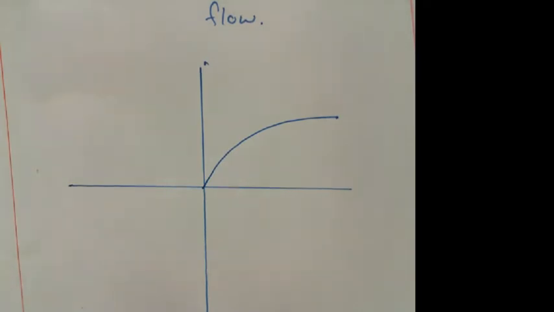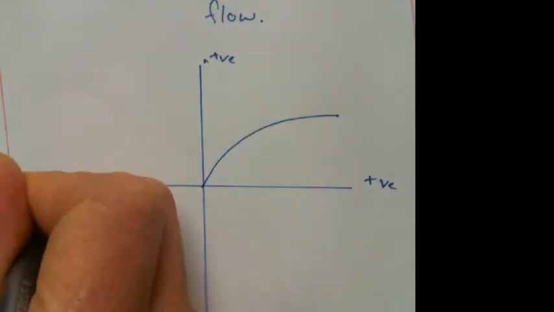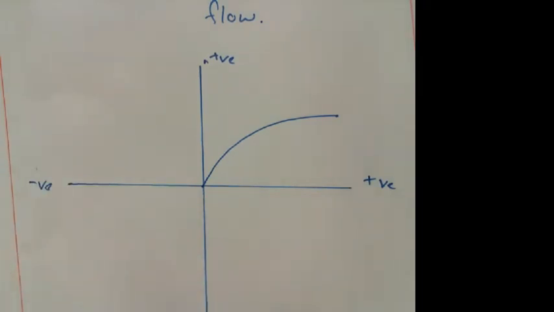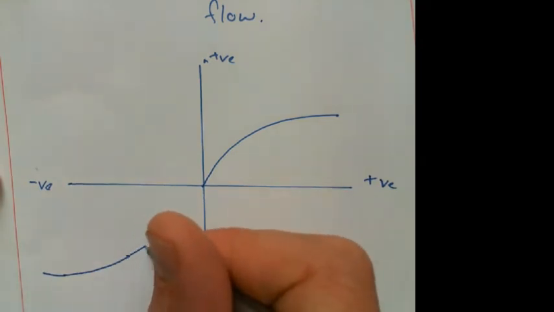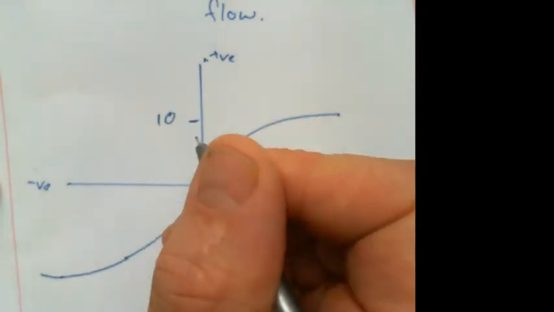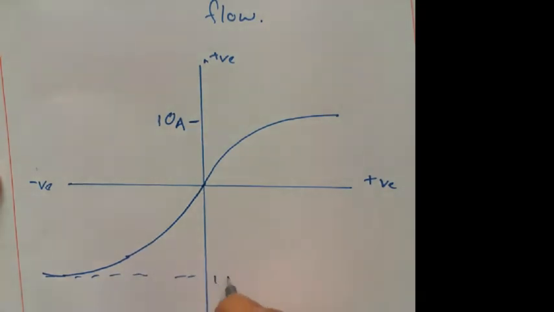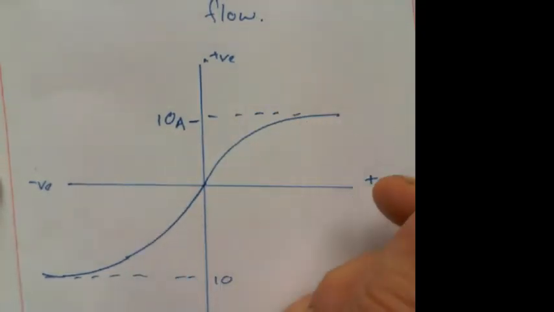And this side here is positive, this one is positive, this one is negative, and this one is negative. Now, a light bulb doesn't care whether the current's going one way or the other. So in terms of positive and negative, you just get a reflection in the y-axis, where if that is 10 amps, then this one here will also be 10. It's a complete reflection.